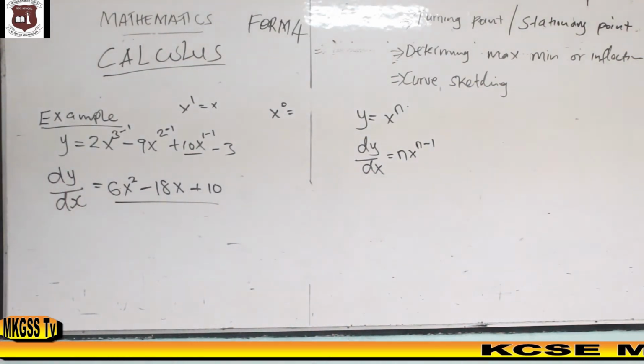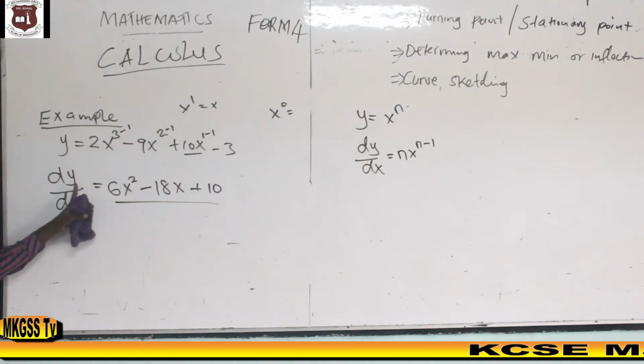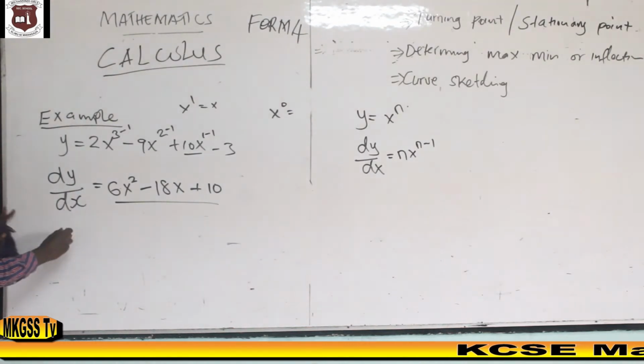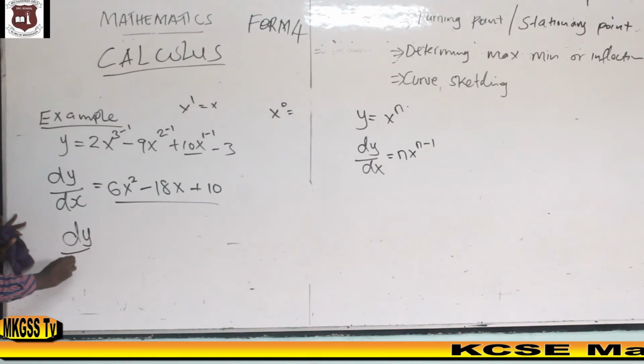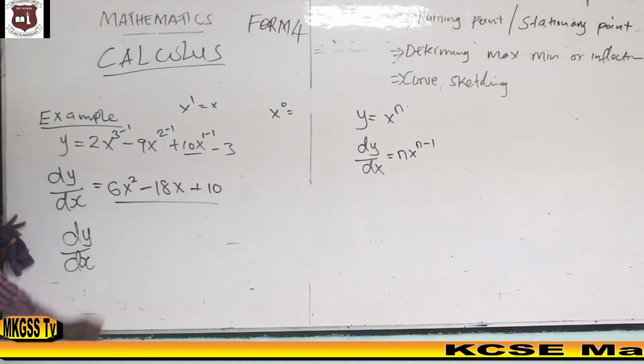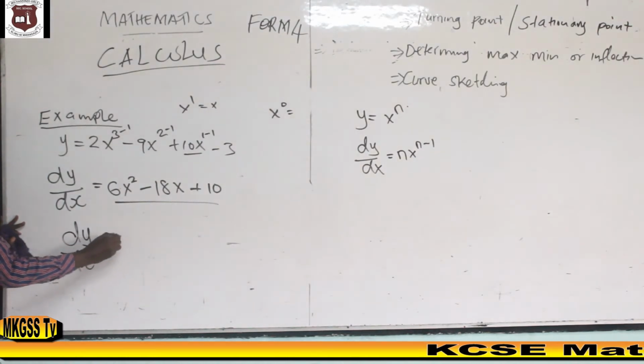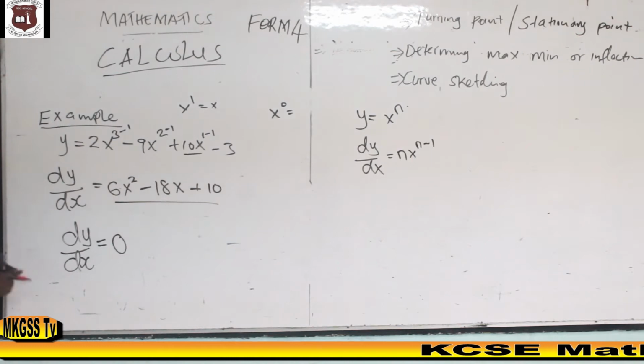So remember, when it is stationary, we shall come to this: change in y over change in x. When something is stationary, it means it is not moving. Therefore, dy/dx at that particular point is 0. Stationary point, there is no movement.